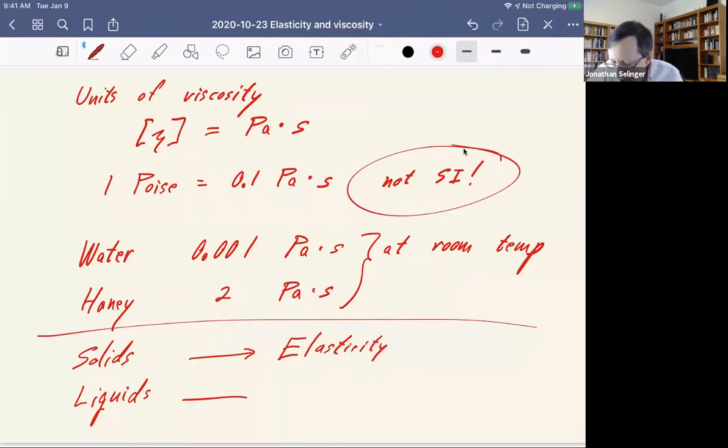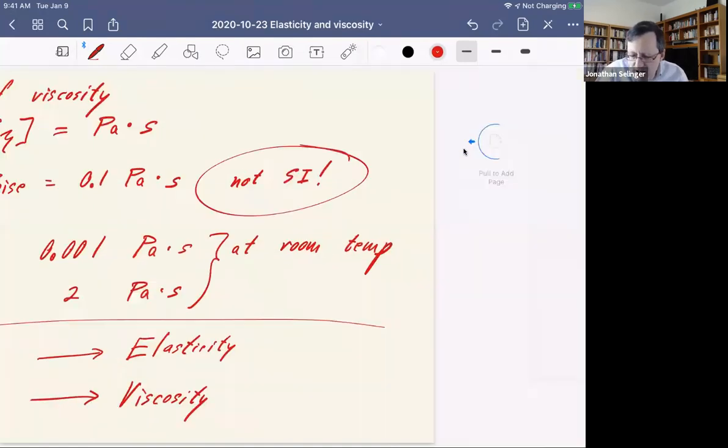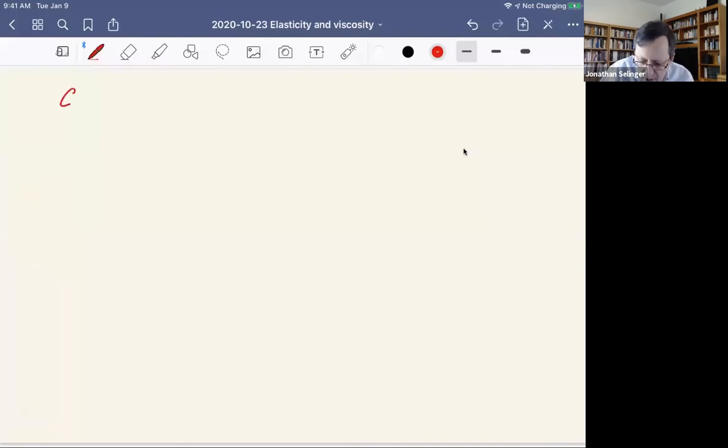That is, whether a shear stress generates a certain finite displacement, or generates a flow which keeps on going for as long as you're applying the shear stress. And this is the distinction that people are thinking of when they say you can hold a solid in your hands, right? Can you hold it in your hand?